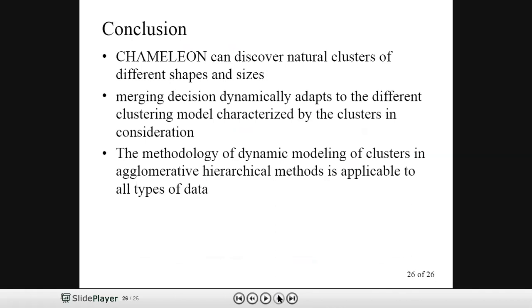It uses dynamic modeling, which is based on the agglomerative hierarchical method, and it performs better clustering than static modeling techniques like DBSCAN, k-means, and CURE algorithms. So, thank you.